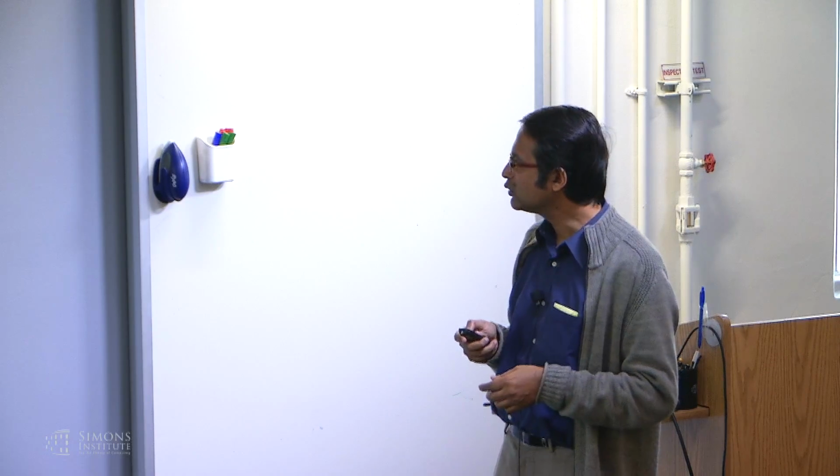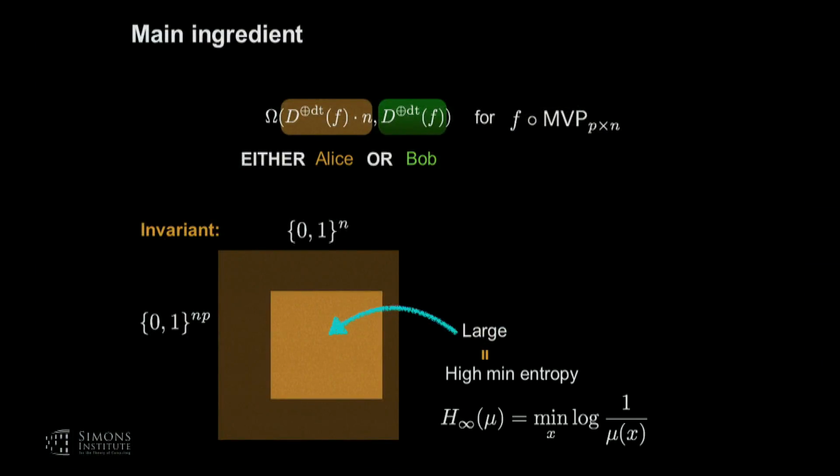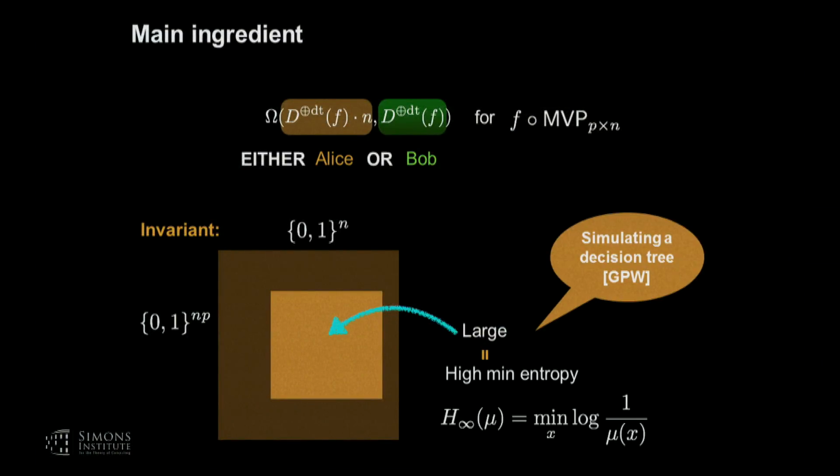So usually what has been done in lifting theorems, for example, in the BPP lifting theorem of Göös, Pitassi, and Watson recently, is that they look at the blockwise min-entropy, which should be large. So here, the rows are {0,1}^n, so these are all matrices of the type p cross n, and Bob has an n-bit vector.